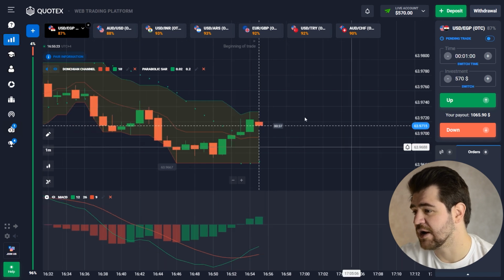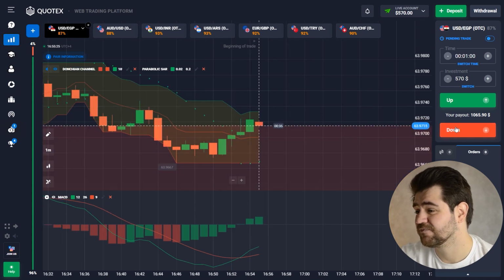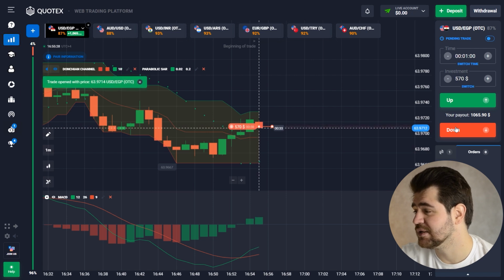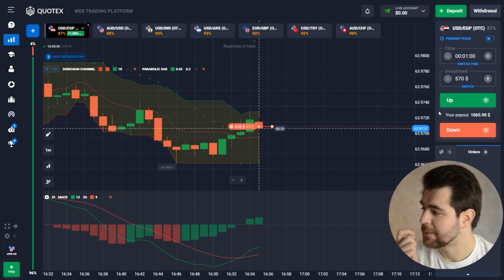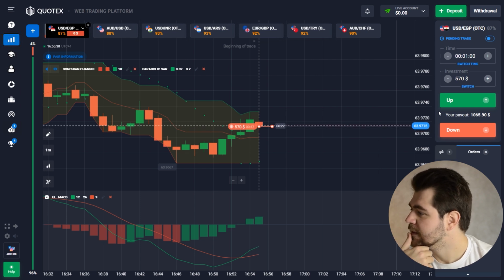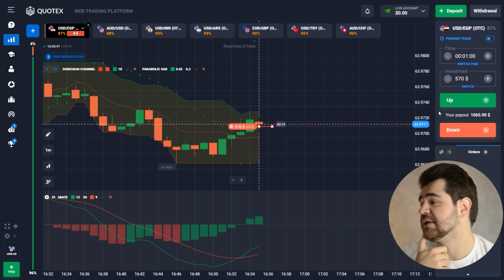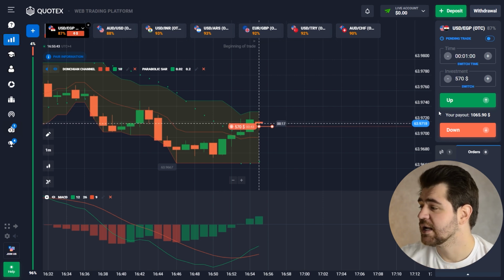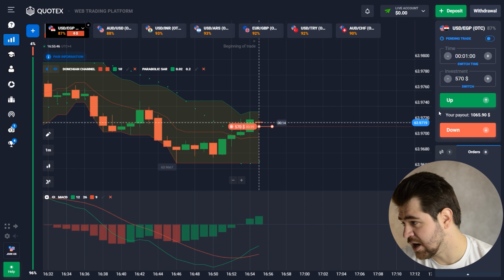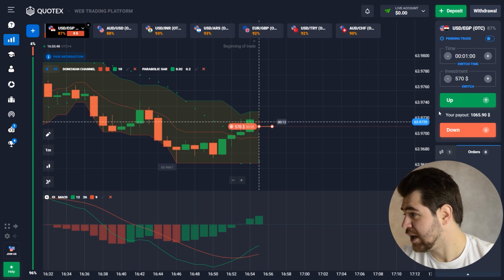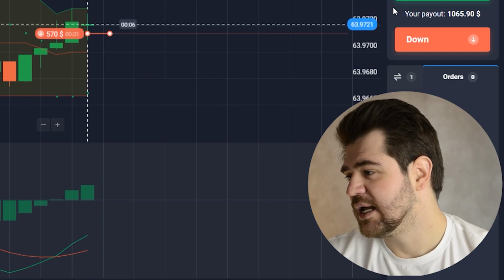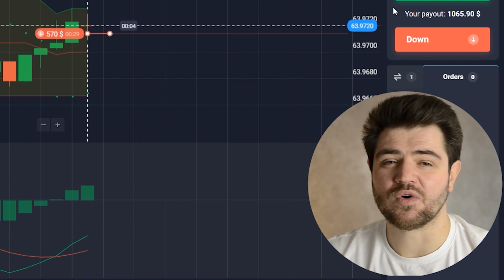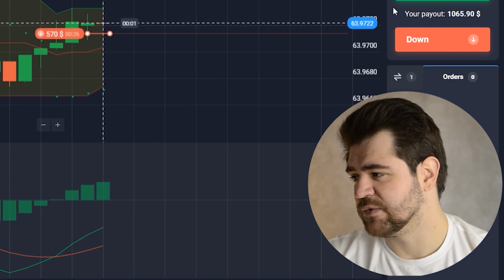So basically, guys, what I'm expecting here is that the parabolic SAR and the upper top line of the Donchian channel act as a resistance at this point, and we can bounce off those lines, this zone.